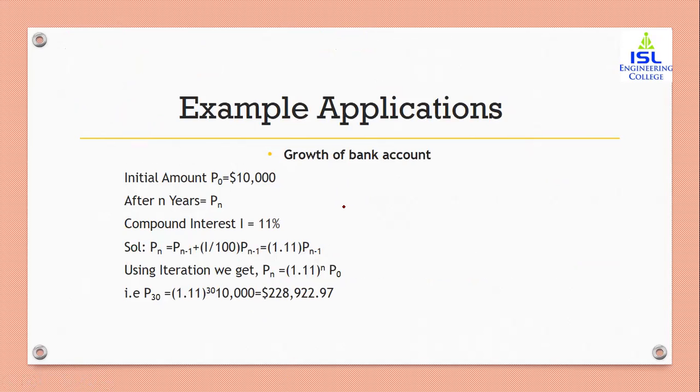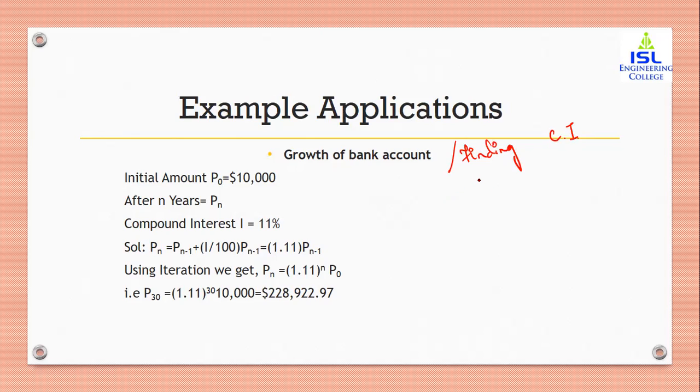Now, after that, modeling with recurrence relations. In the case of recurrence relations, we will see a few examples. Recurrence relations are used to model a variety of problems. A few examples of uses are the growth of a bank account, which can also be described as finding compound interest.